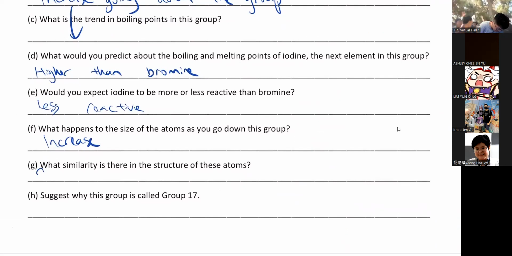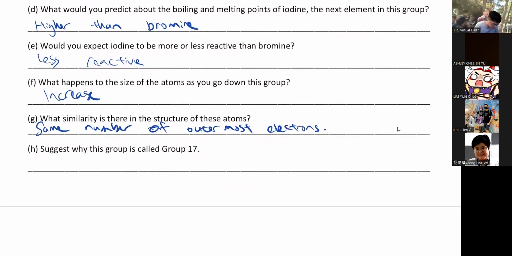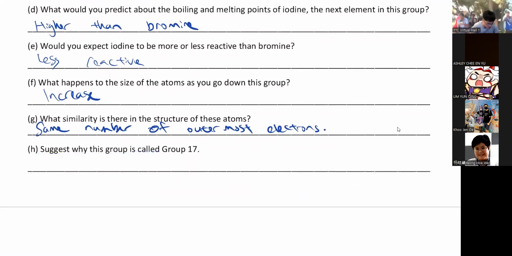Right, so what similarities? They have the same number of outermost electrons. 它们有一样最外面的 electron 的号码，大家都有7粒. Everyone has 7, that's why they are in group 17. So H asks why this group is called group 17.